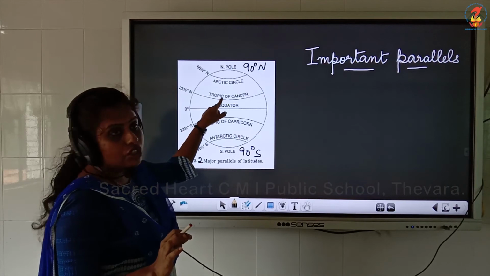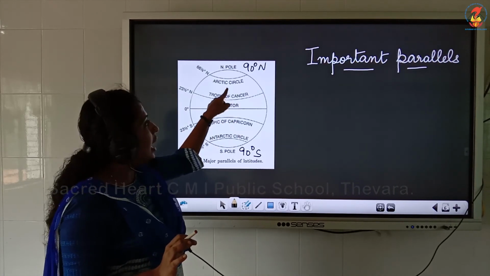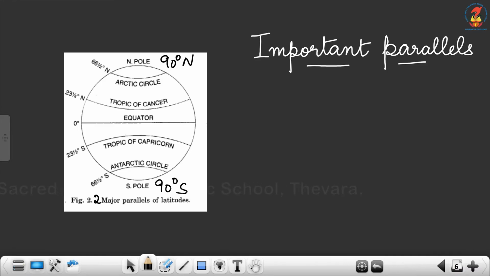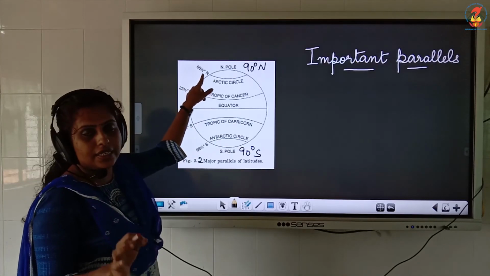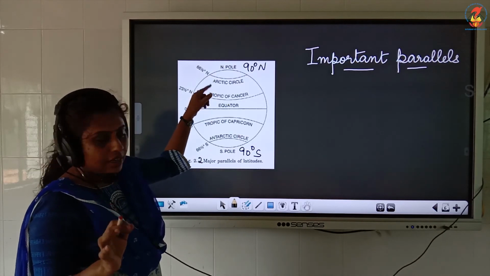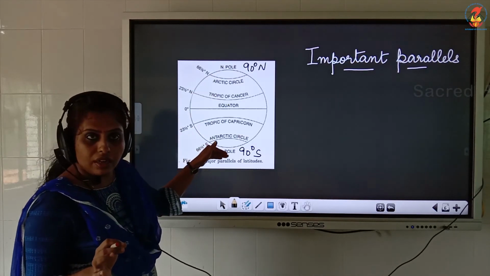We have Tropic of Cancer and Arctic Circle in the northern hemisphere. We have given a value for it, 23.5 degree north and 66.5 degree north. Let's move on to the southern hemisphere.